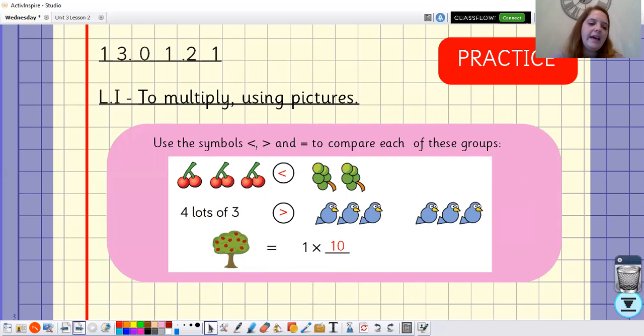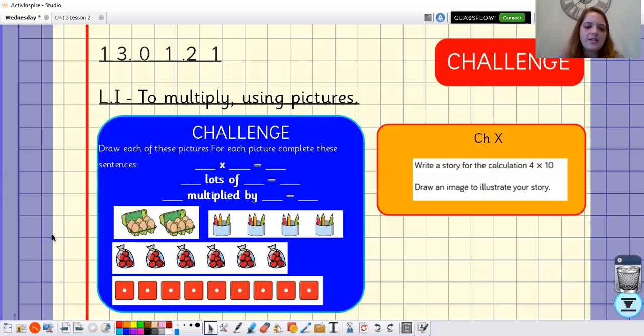Okay, so finally then, let's go through our task for today. Now, you can see some pictures here, and you're going to need these pictures to help you with your learning today. Now, you're going to need to leave this on the screen so that you can draw these pictures on your piece of paper. So I want you to draw each of these pictures on your paper. And once you've drawn each picture, I want you to complete these sentences, just as we've done together during our learning.